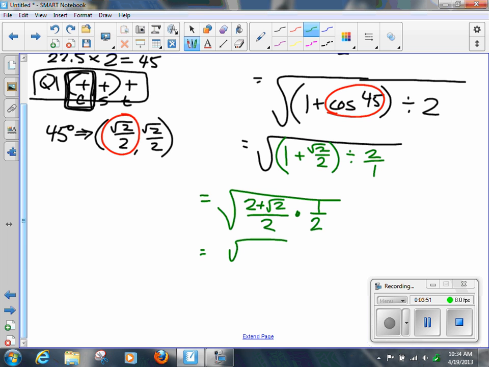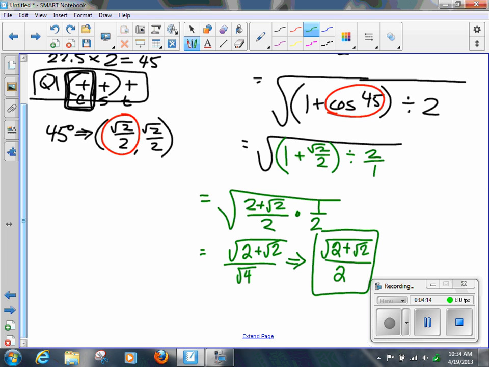This binomial times 1 is that binomial over the square root of 4, which simplifies to what? 2 plus root 2 over plain old 2. It was the cosine value. We'd already determined it's positive. Am I done? Yeah. I'm done with that. Okay? Questions at all? Everybody cool? Yeah? All right.